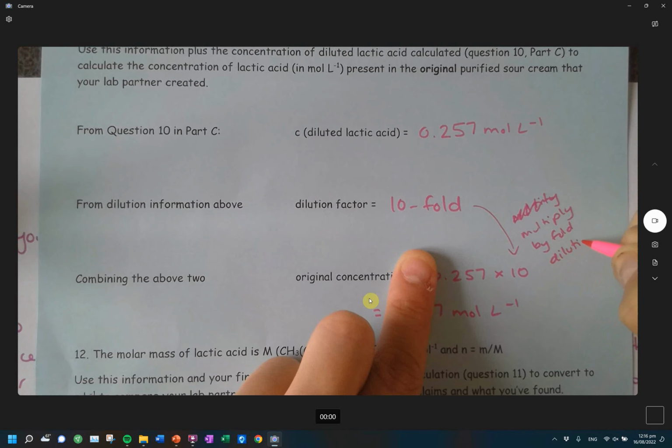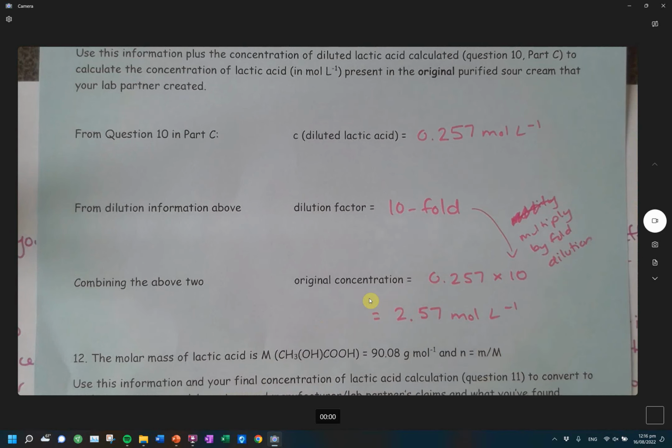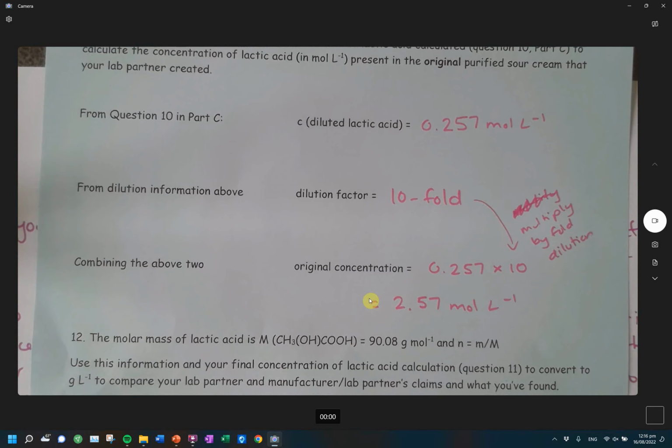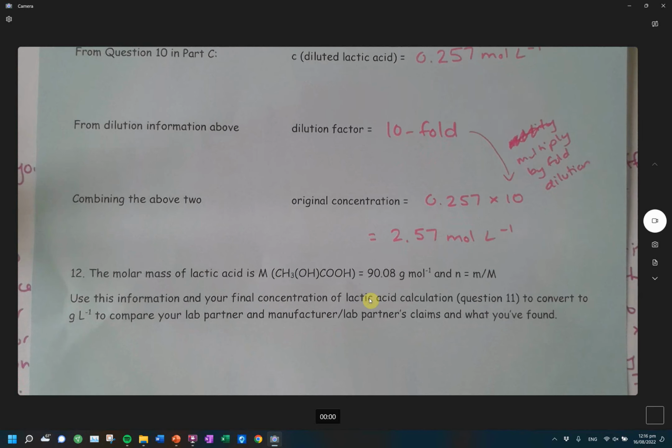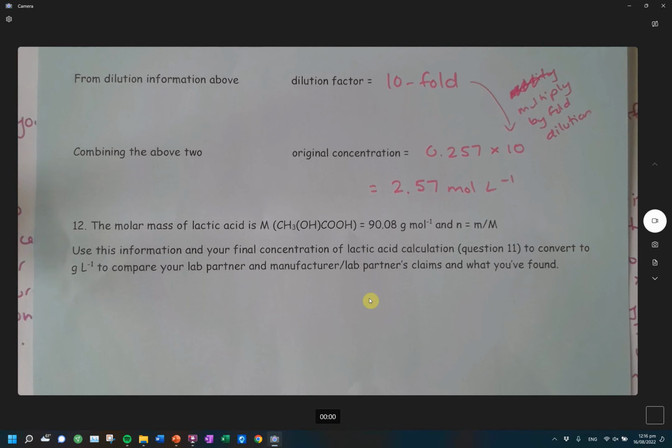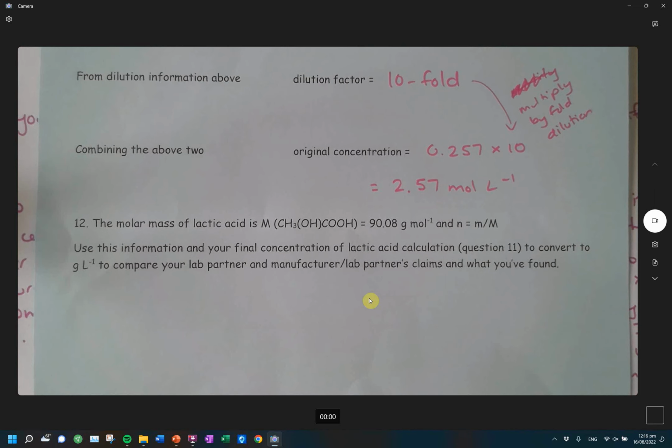All right, because basically we're trying to undo what we did. Yeah, we're just multiplying it by 10. Multiply. All right, keep going.